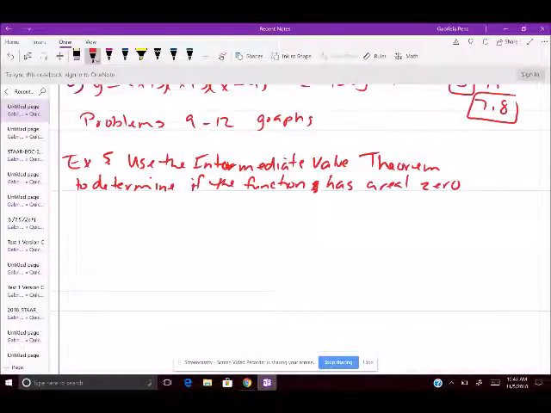Okay, so let's see if it has a real zero between integers. Now, how do we do this?